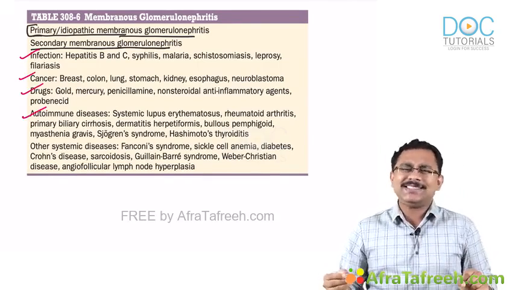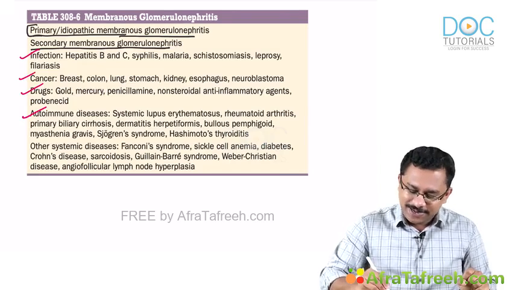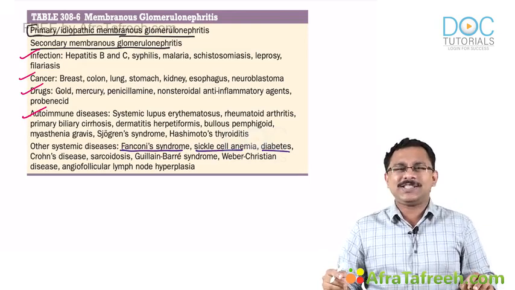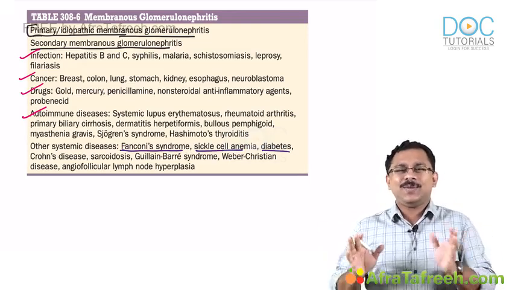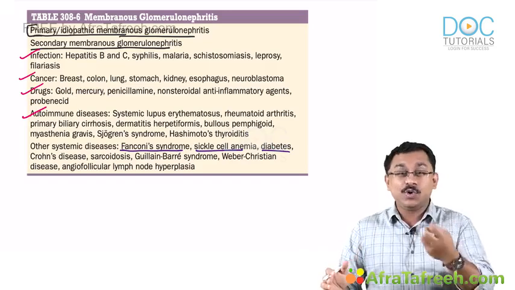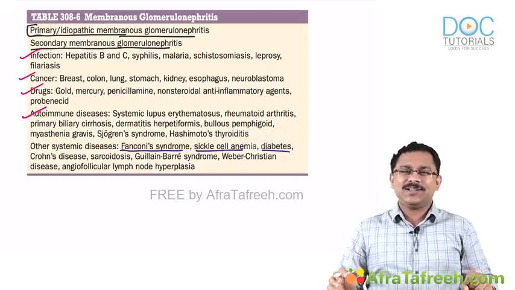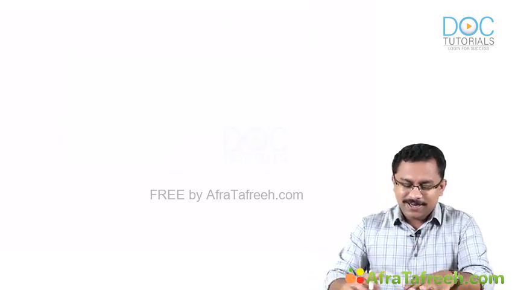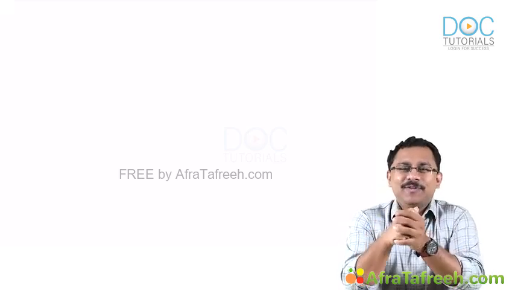And there are certain systemic disorders like Fanconi's syndrome, sickle cell anemia, diabetes, all having association with membranous nephropathy. But the causes, the etiologies that we have discussed are the ones most important for your exams. So you must be very, very clear regarding that. All right. So we have learned regarding the primary and secondary membranous nephropathy.